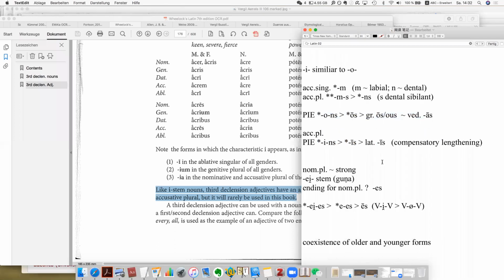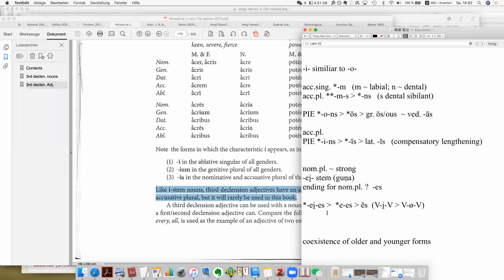Okay. And then the nominative plural, it goes back to this form because it is a strong form. So we need to use a guna form, a stronger form. Sorry, a stronger stem, right?